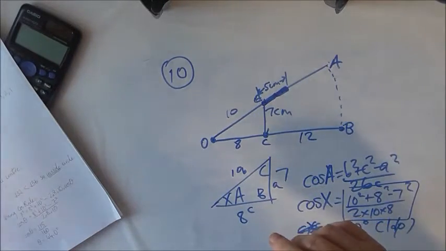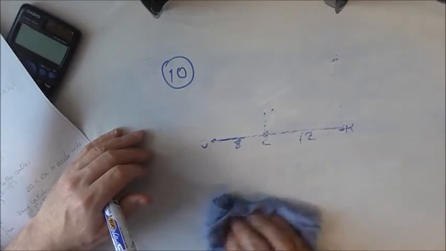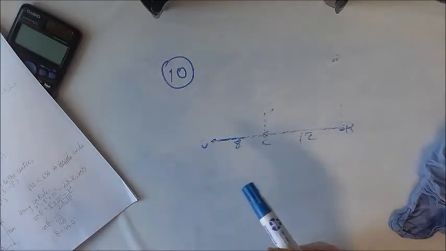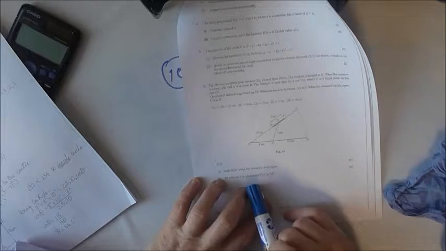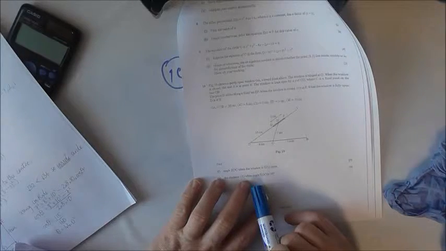Now in part B, I want to know, oh damn, I just rubbed out my diagram. Okay, just put this in. Angle, distance OD, when the angle is 30.